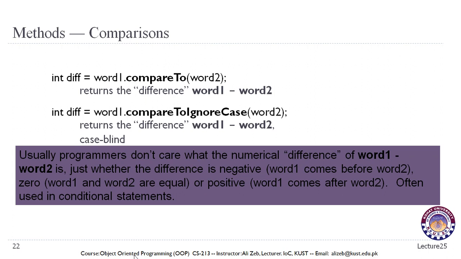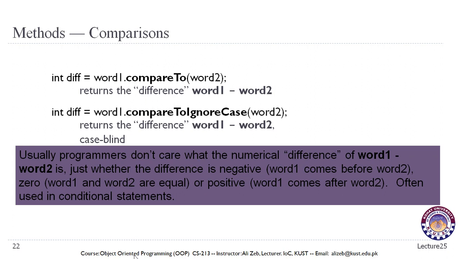For example, if word 1 comes before word 2, then we should get a negative number. If word 1 and word 2 are the same, if they are equal, then we should get a 0. Or if word 1 comes after word 2, then we should get a positive number.